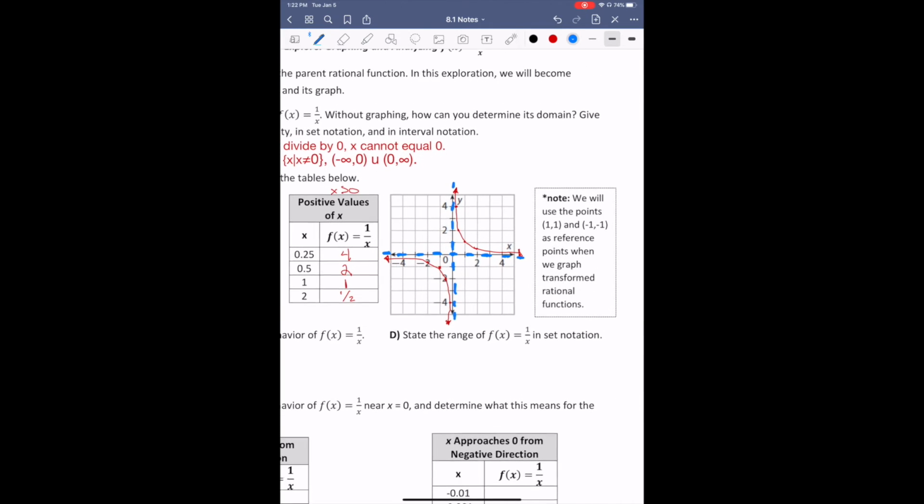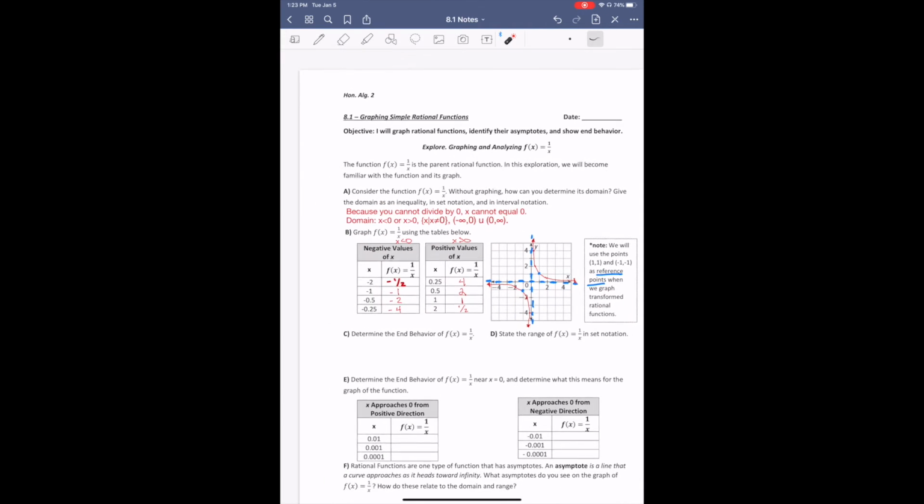Okay, now we will be using the points +1 and -1 as reference points. So when we transform these functions, these are the 2 points that we're going to be focused on in terms of transformations, and using these as our guide points when we graph our functions.